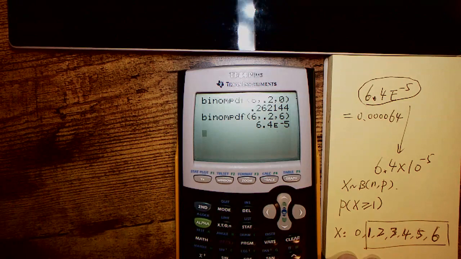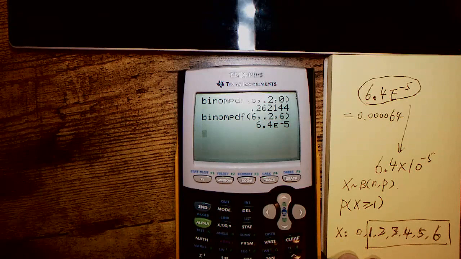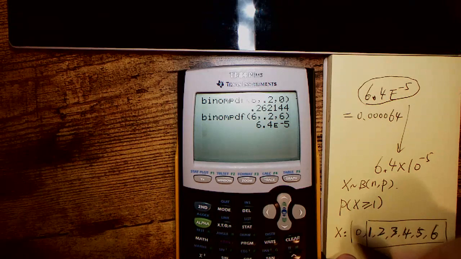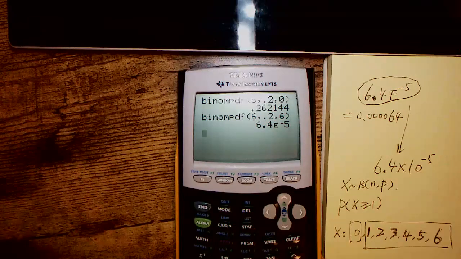I want you to tell me what is the complement of at least one. Yeah, 0. Something to remember is that the complement of at least one is none.